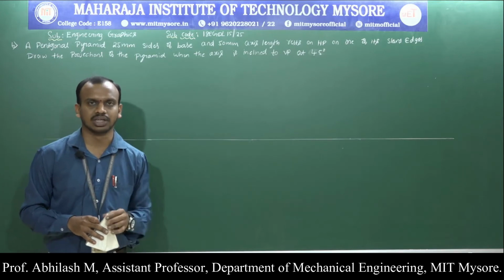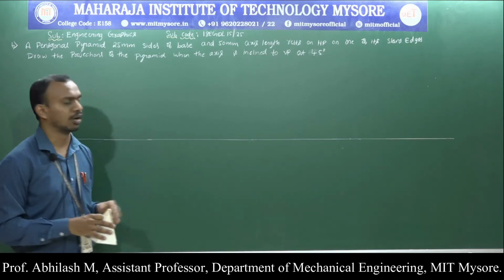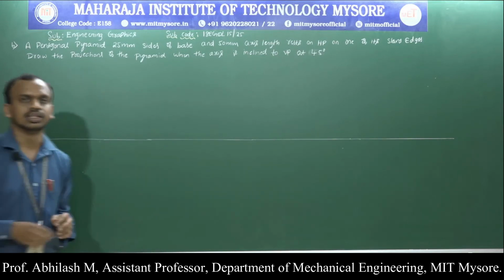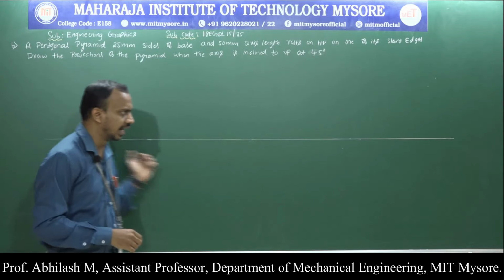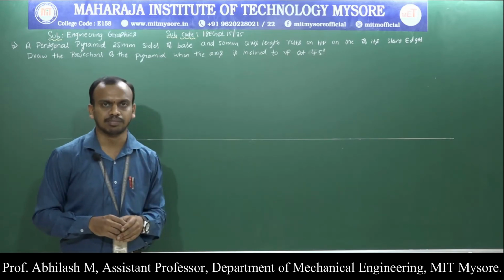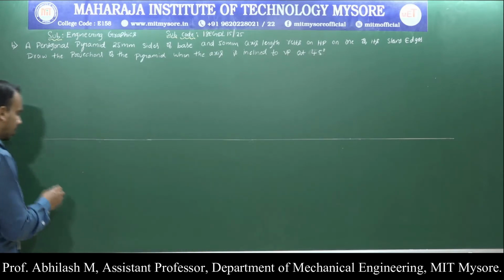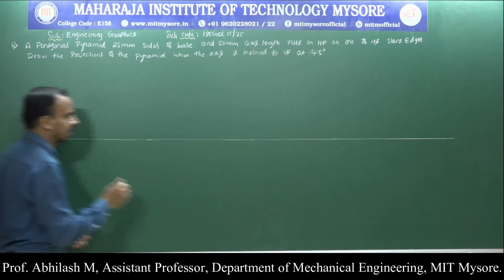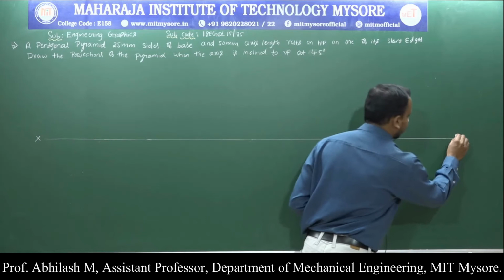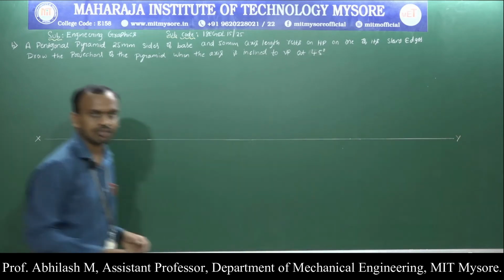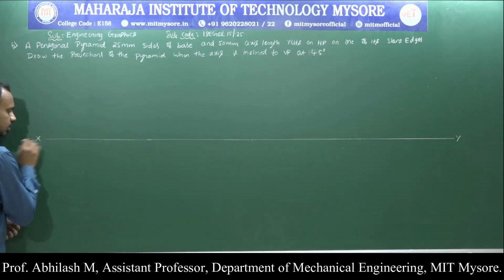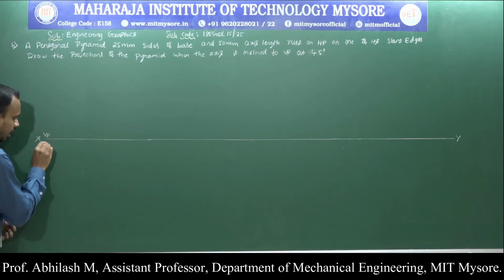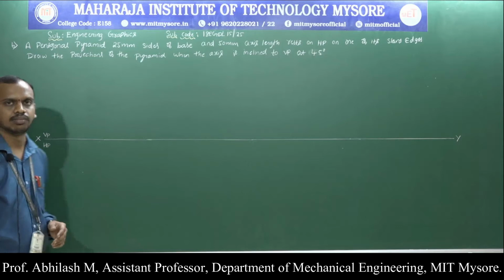So let us begin with the construction of the particular problem based on the conditions that they have given. As usual, the first step is to draw the XY line and mark VP and HP. So we have drawn the X and Y line, and we are also supposed to represent the VP and HP condition, the vertical plane and the horizontal plane.